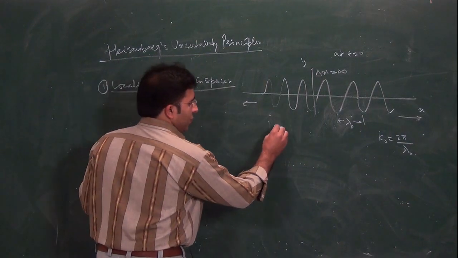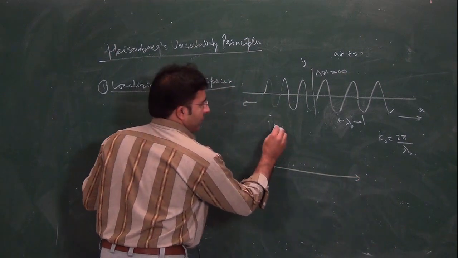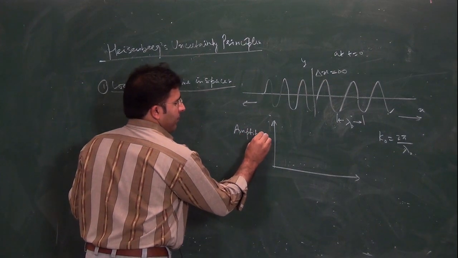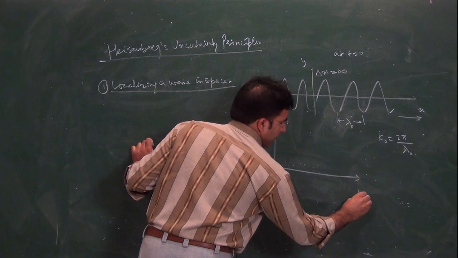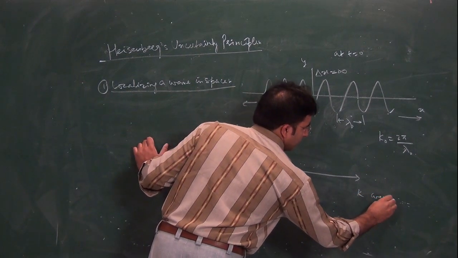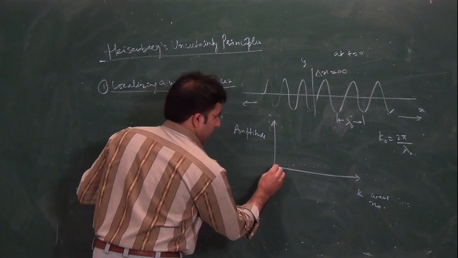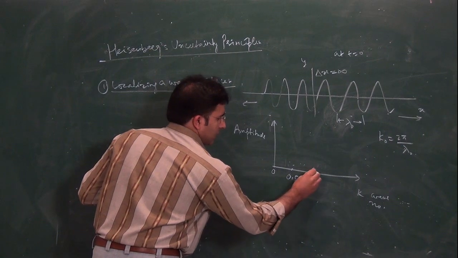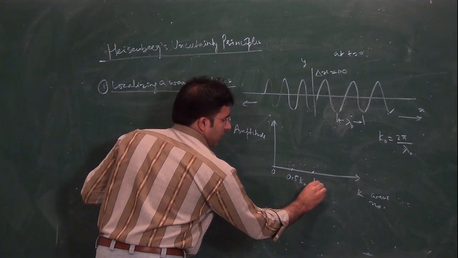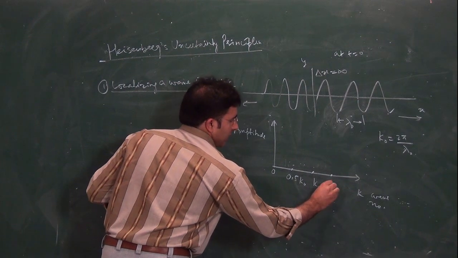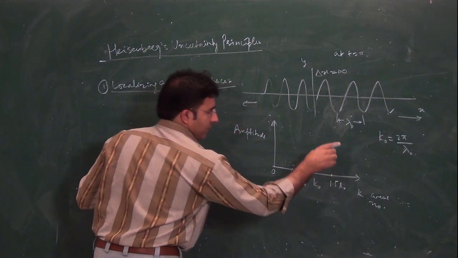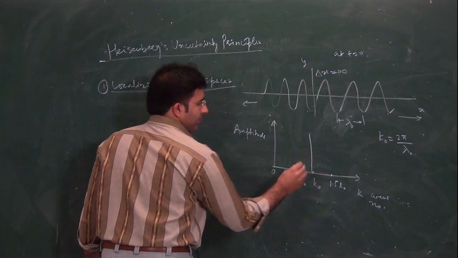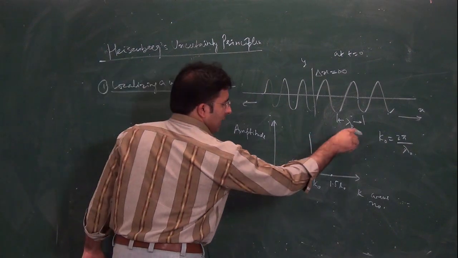That means if you show the spectrum of this wave, with amplitude on one axis and wave number on the other, at 0.5 k naught, k naught, 1.5 k naught, where k naught is the wave number corresponding to lambda naught, it contains a single wavelength.